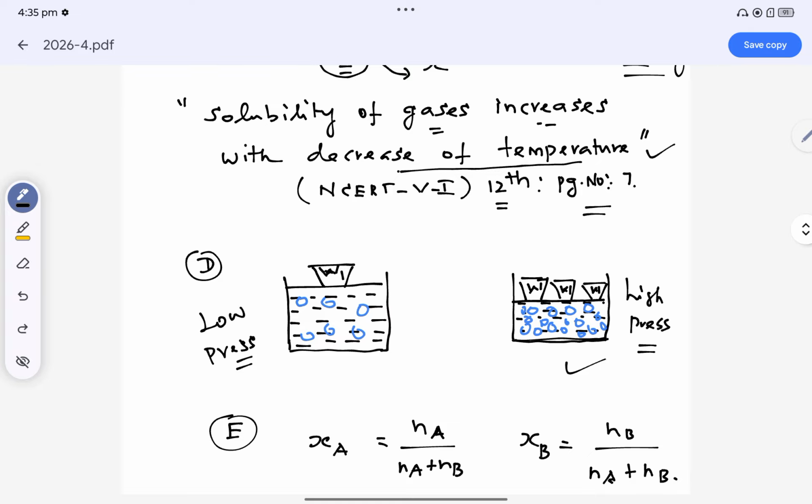Whenever pressure increases, more and more of the blue dots, the gas particles, diffuse into the solvent. What will happen? The solubility increases. So higher pressure can cause an increase in solubility. This is the idea. So the given option is incorrect. Tick that one.